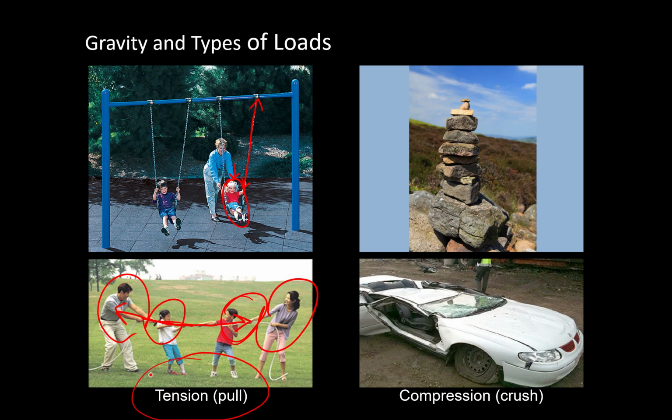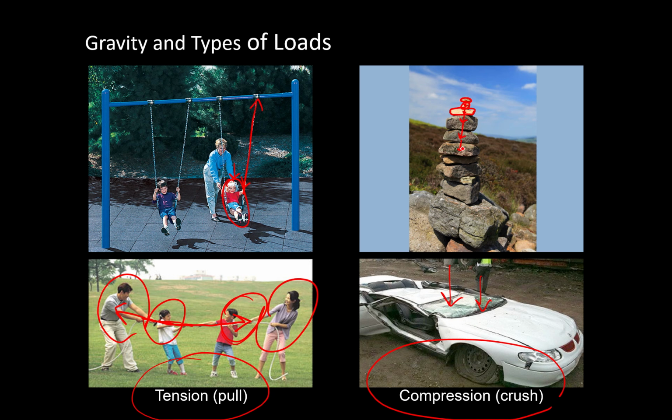So those are tension. On this side, we'll talk about compression. This is a car that's been crushed in one of those junkyard giant crushers. And when we look at this stack of stones here, you see there's this tiny stone, and it is putting its weight onto that stone, and that one is putting the combined weight of those two onto this stone, and then all the way down, right?